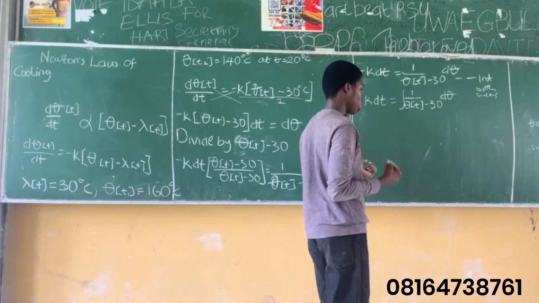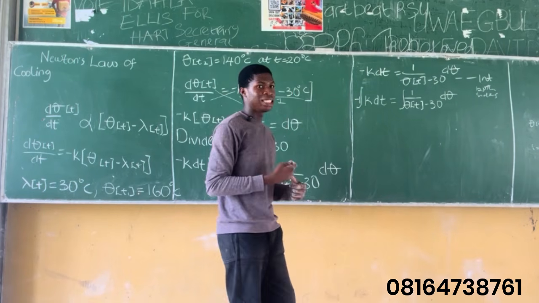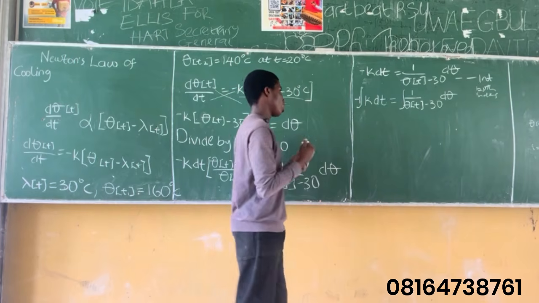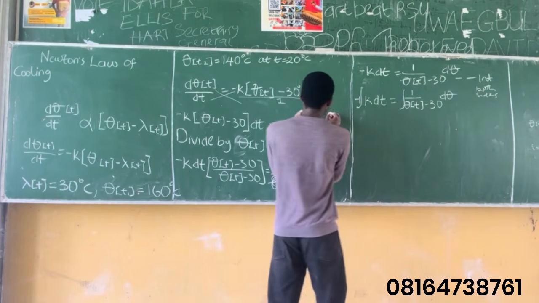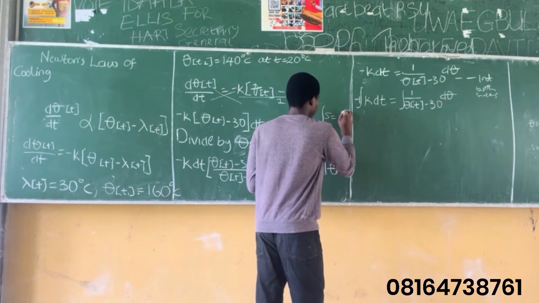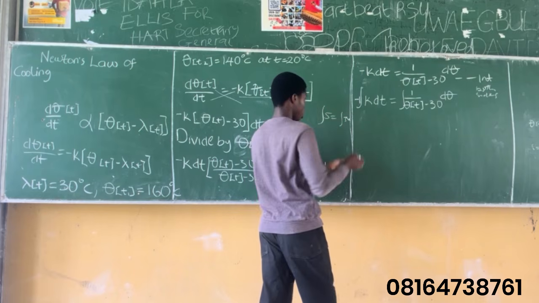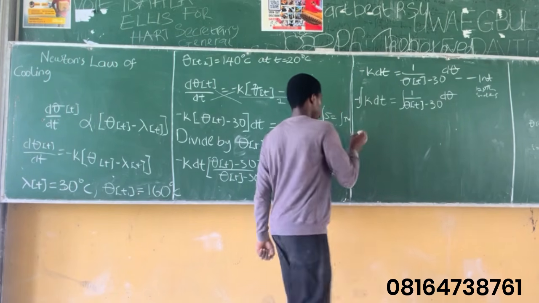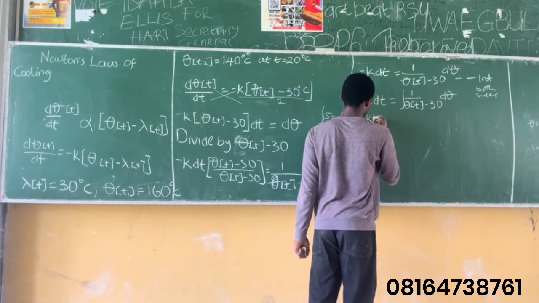So if you integrate a constant, you're basically adding the variable that you're integrating against to it. That is a lot of grammar for saying if you integrate 5, it's going to be 5x. If you integrate k now, it's going to be kt. So this is minus kt.